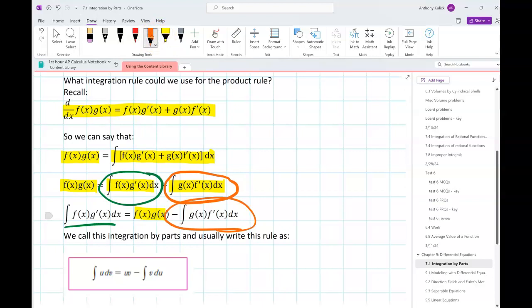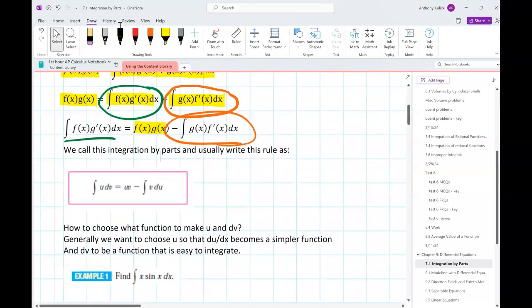So I have an integration formula for the product of two functions, provided that I can get the two functions to fit right. Typically, when we write the rule for integration by parts, we say the integral of u dv is equal to uv minus the integral of v du. This is the classical presentation of this.